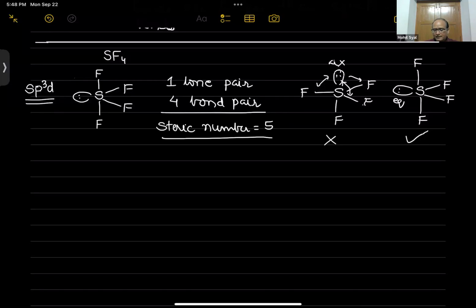No. Its shape is like this. Or if you make it like this, what is this shape known as?